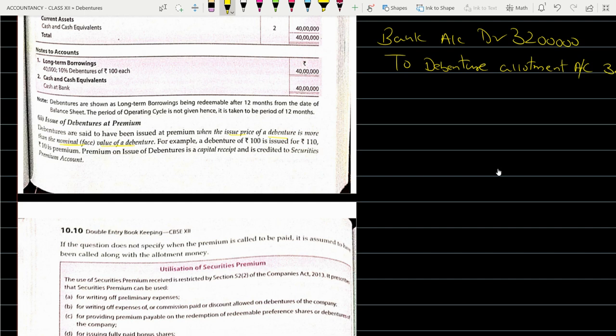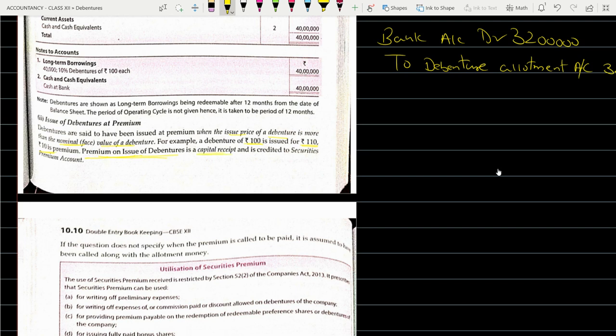For example, if a debenture costing rupees 100 is issued for 110, then 10 rupees will be your premium. In such a case, you will come across premium on issue of debentures, and this is basically a capital receipt.